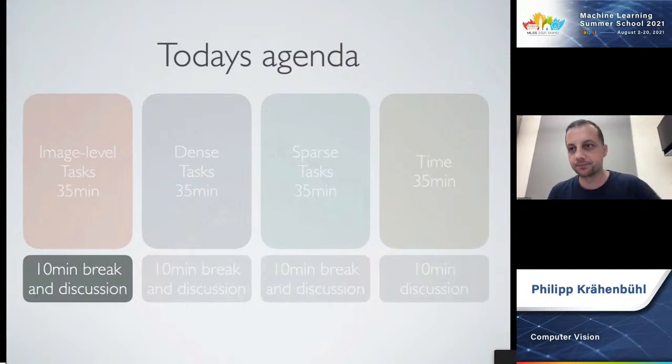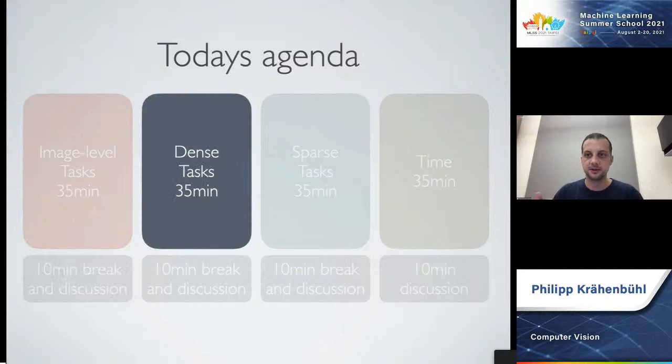All right. So let's move on to the second part of today's lecture, which is looking at tasks that don't give you a global answer per image, but that go in and give you a very detailed answer about individual parts of an image or a video.